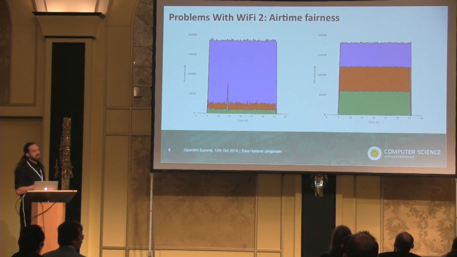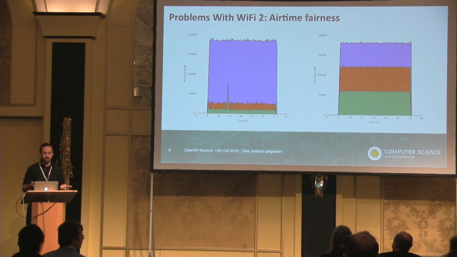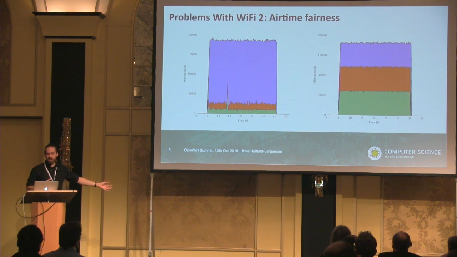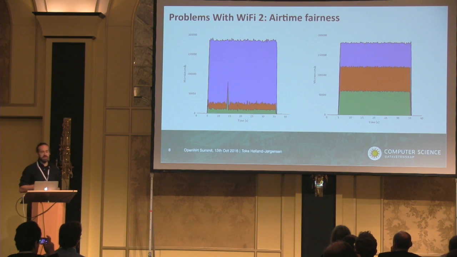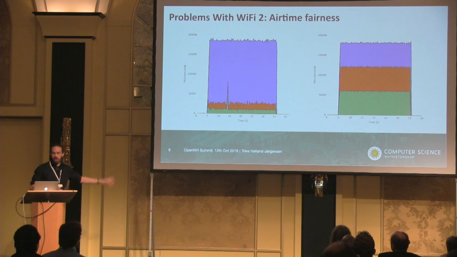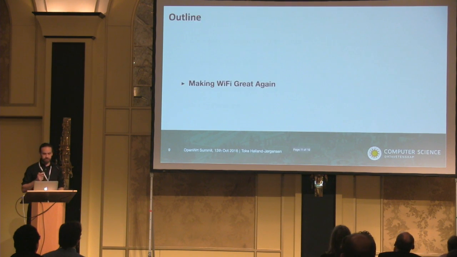So what you see here, on the left-hand side, is what you see today, where one station will grab almost all the airtime, and then the 2 fast stations are left to fight over the scraps, so to speak. Whereas on the right-hand side here, you can see we developed a scheduler that will actually enforce fairness between the stations, and as you can see, this works really well. Everything gets a third of the available airtime. I'll come back to what this means in terms of throughput and so on a bit later.